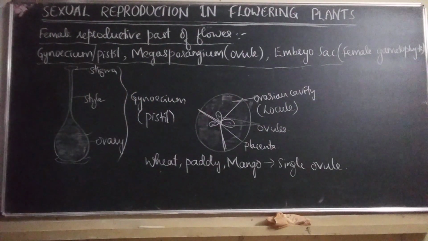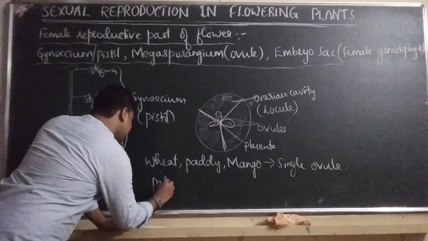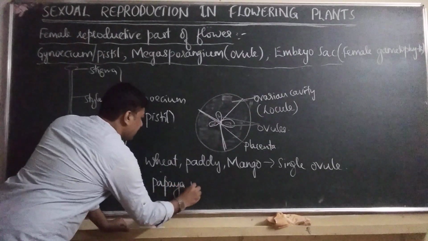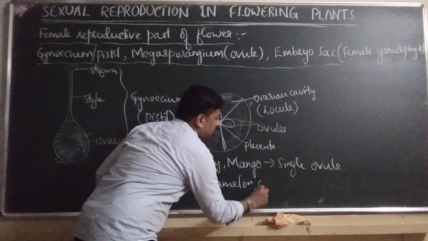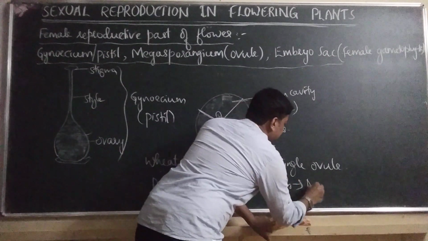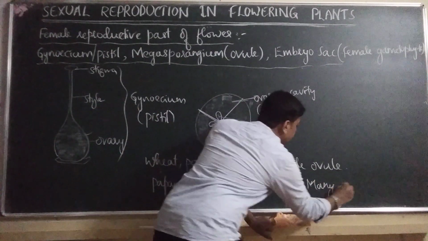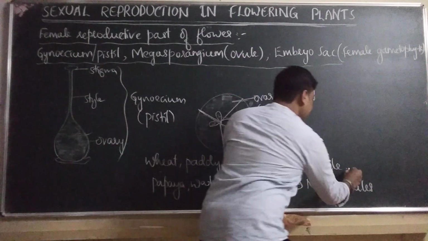But in other examples, like papaya, watermelon and orchids, many ovules will be there within the ovary.